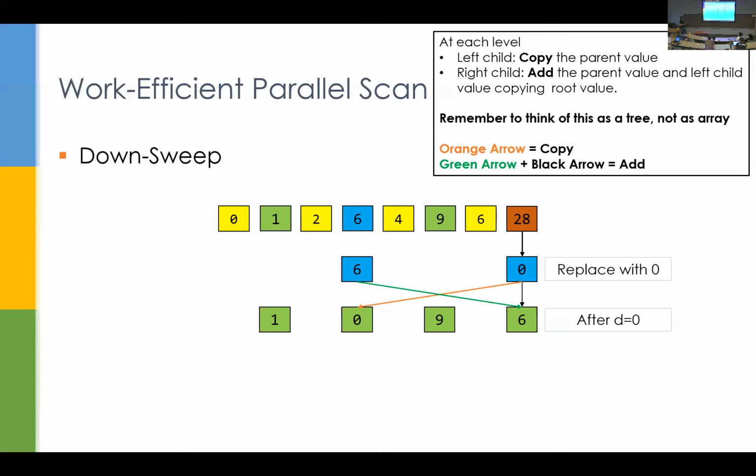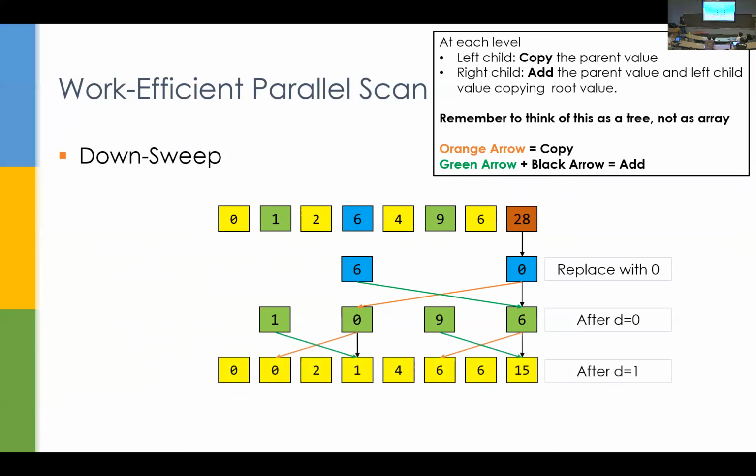So let's go to another step and see if that can help us. Let's take the 6 now. You copy 6 to its left child. Take the number that was there before you copied it, because you're overwriting the value, right? If you copy 6 into index 6, you're overwriting 9.